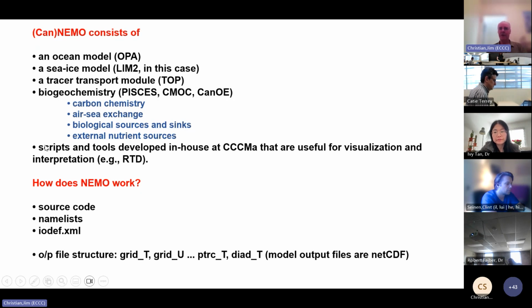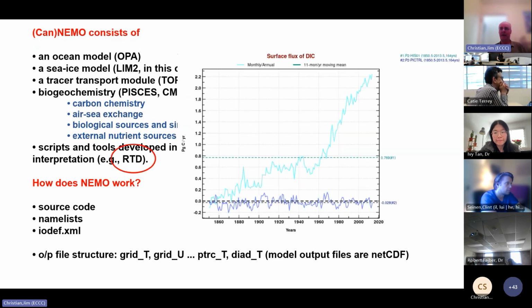And there's a set of scripts and tools developed in-house that are useful for visualization and interpretation. So runtime diagnostics, for example, are these global integral quantities, like what I'm showing here is the air-sea flux of CO2 or surface flux of DIC.